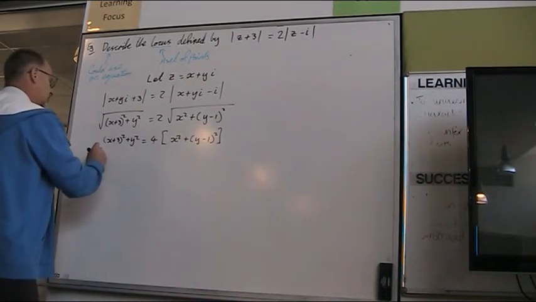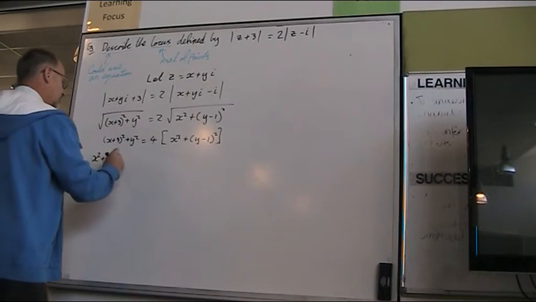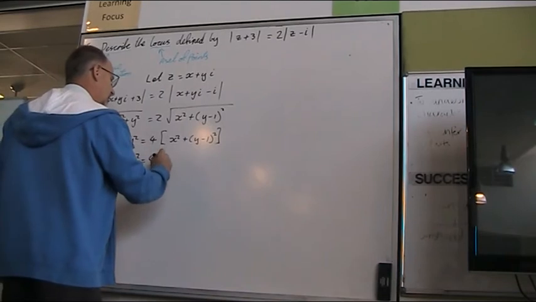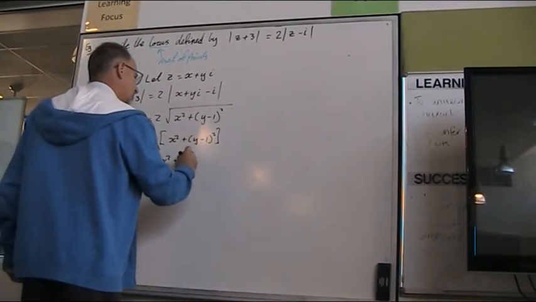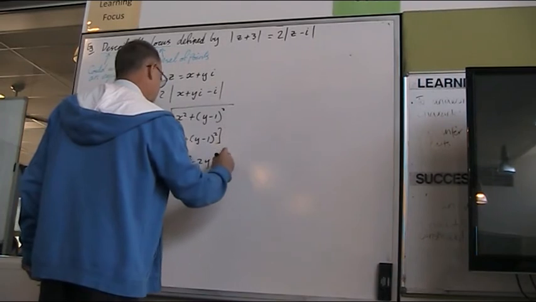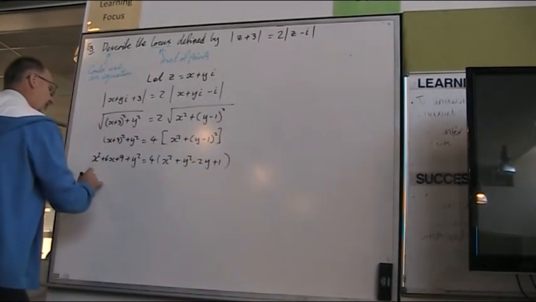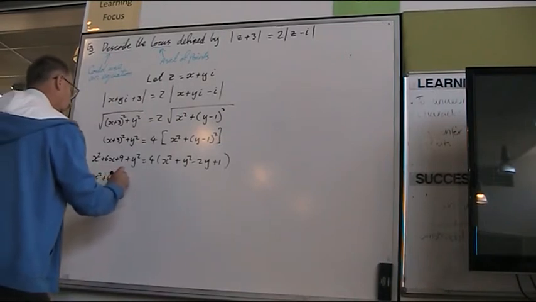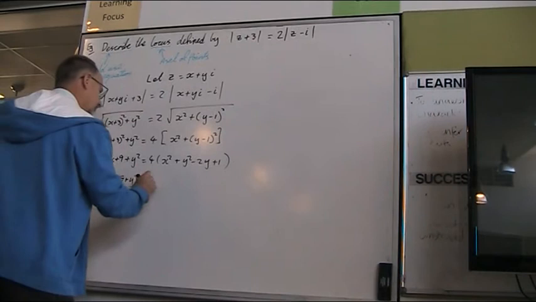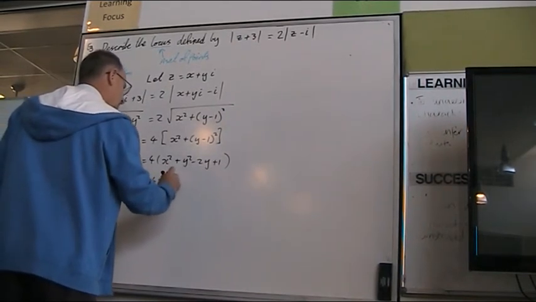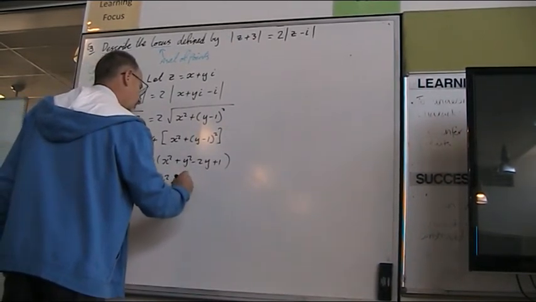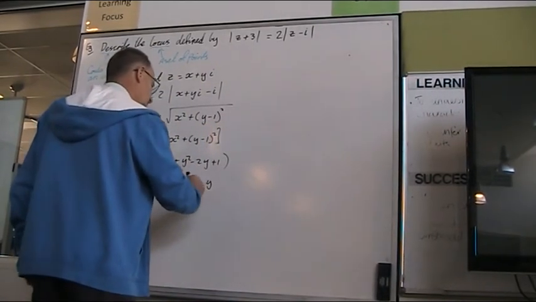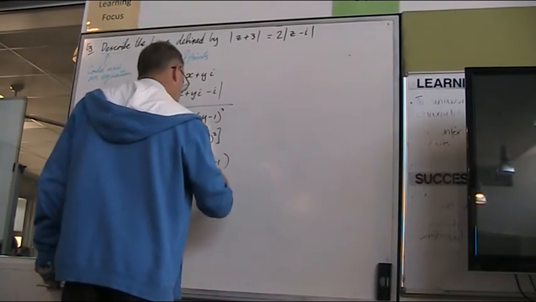So x squared plus 6x plus 9 plus y squared equals 4 lots of x squared plus y squared minus 2y plus 1. Let's multiply that 4 in there before we get too far. Whoops, 8y plus 4.